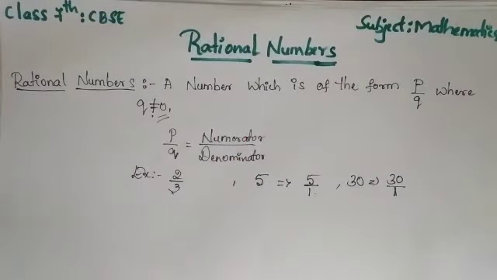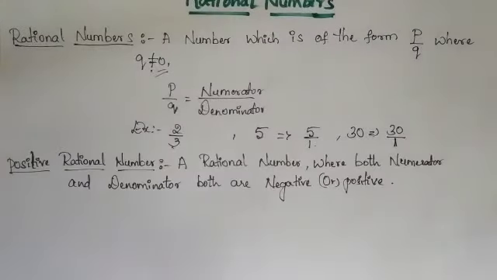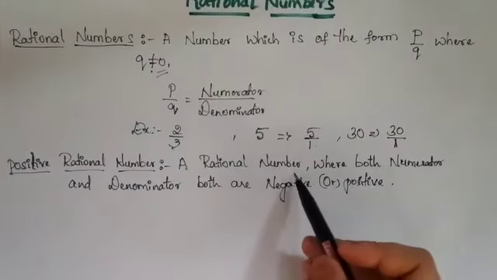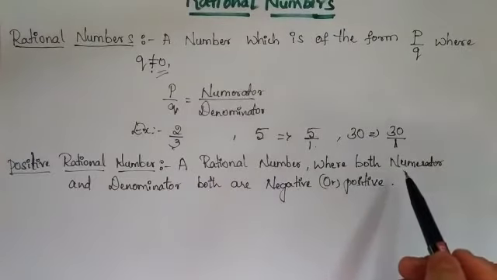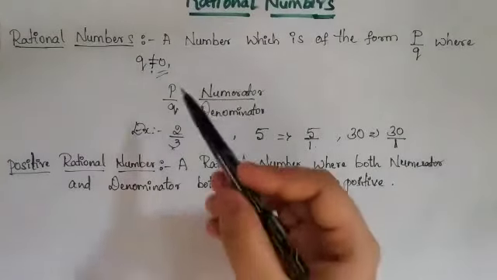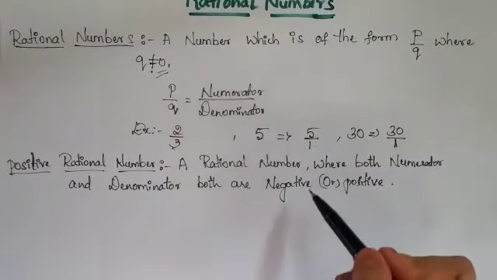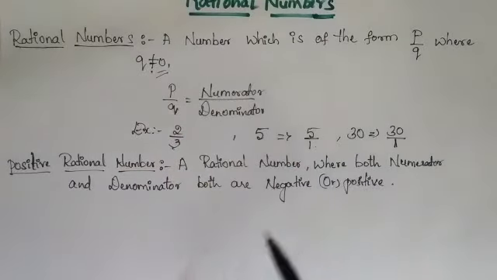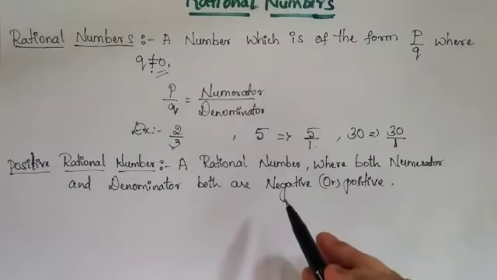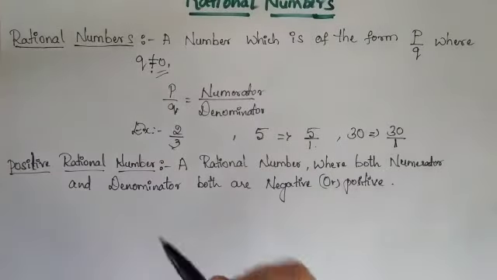Now there are two types of rational numbers: positive rational numbers and negative rational numbers. First, a positive rational number is a rational number where both the numerator and the denominator are negative, or both are positive.